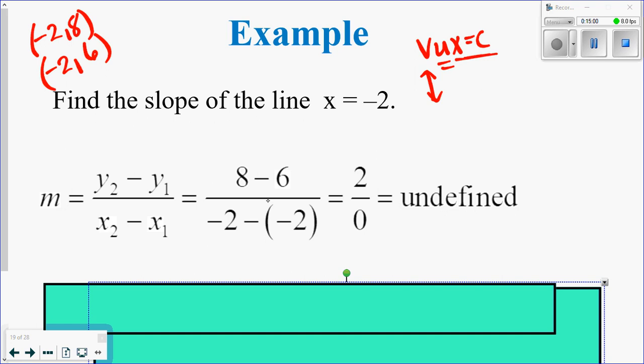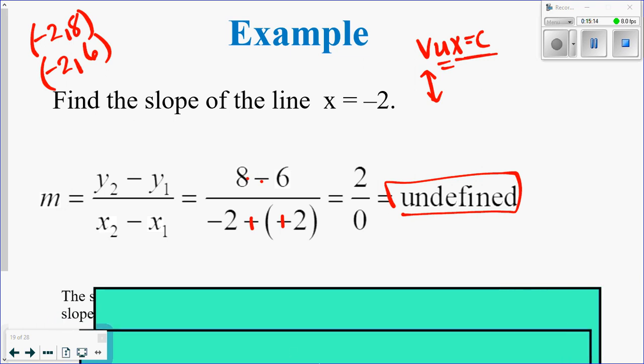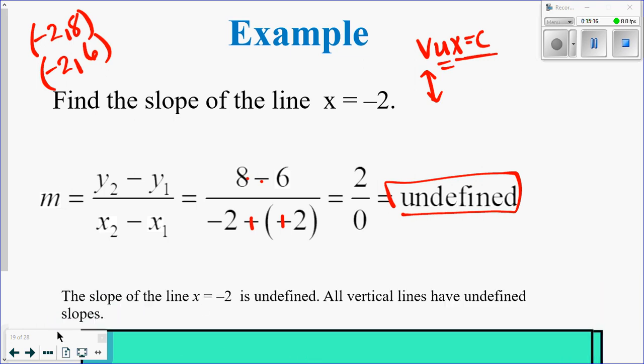If you plug those in, x1, y1, so you got 8 minus 6 is 2. Negative 2 minus negative 2, which means they become positive, 2 plus -2 is 0. You cannot divide by 0, so therefore it is undefined. So the slope of the line x equals negative 2 is undefined. All vertical lines are undefined.